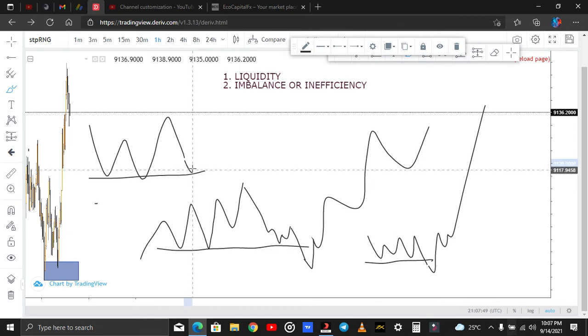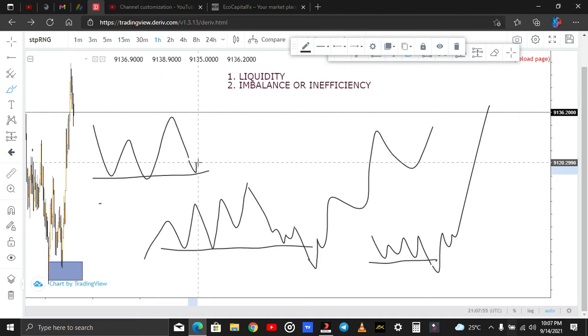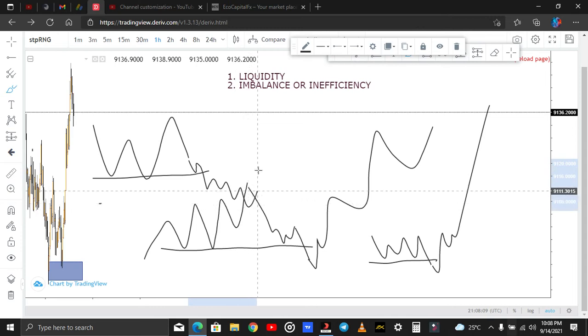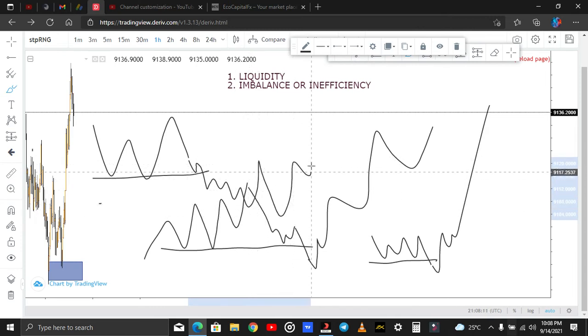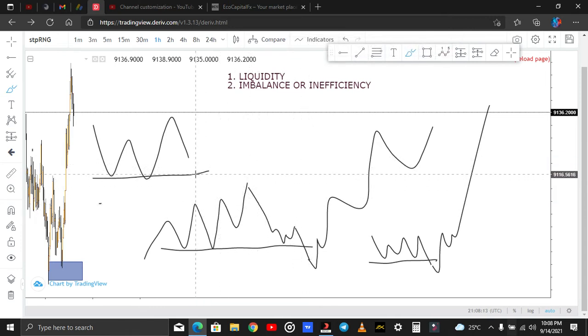It gives every buyer this small buy trade, gives everybody in this trade some hope and makes them feel happy because they're already in profit. Then price comes and breaks the zone, triggering all their stop losses, grabbing liquidity and continuing downward, or price can still do anything it wants to do. So that's the concept of a liquidity grab.